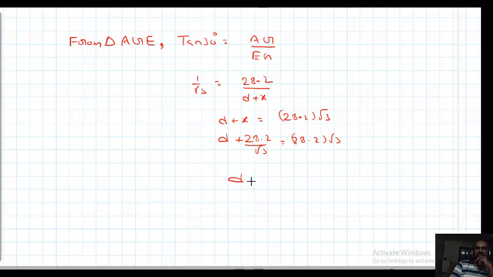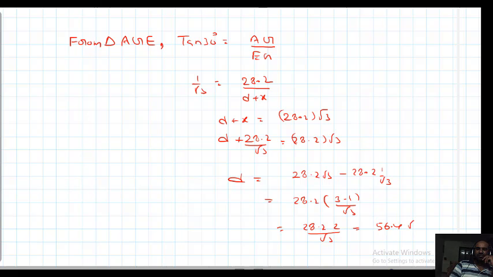I want d equal to 28.2 root 3 minus 28.2 into 1 by root 3. So here I can take 28.2 common: 3 minus 1 by root 3, that is equal to 28.2 into 2 by root 3, that is 56.4 into root 3 by root 3, with 3 by 3.